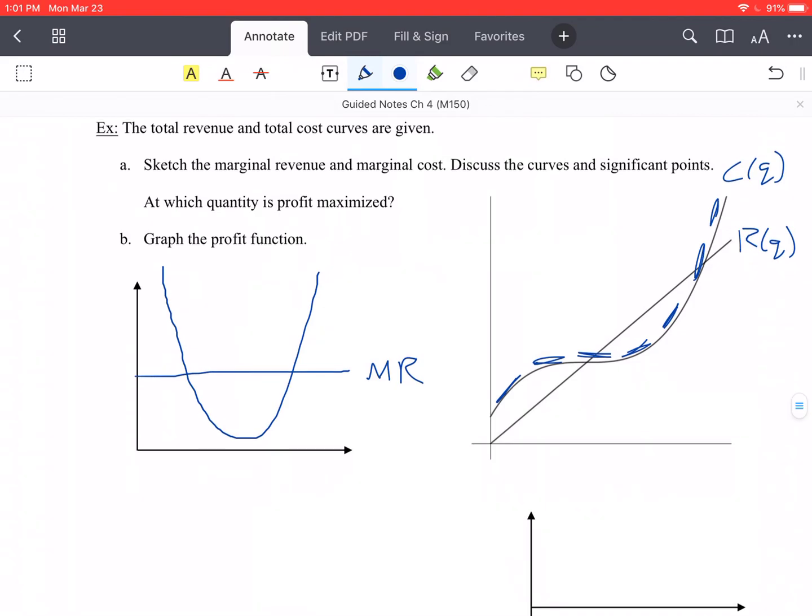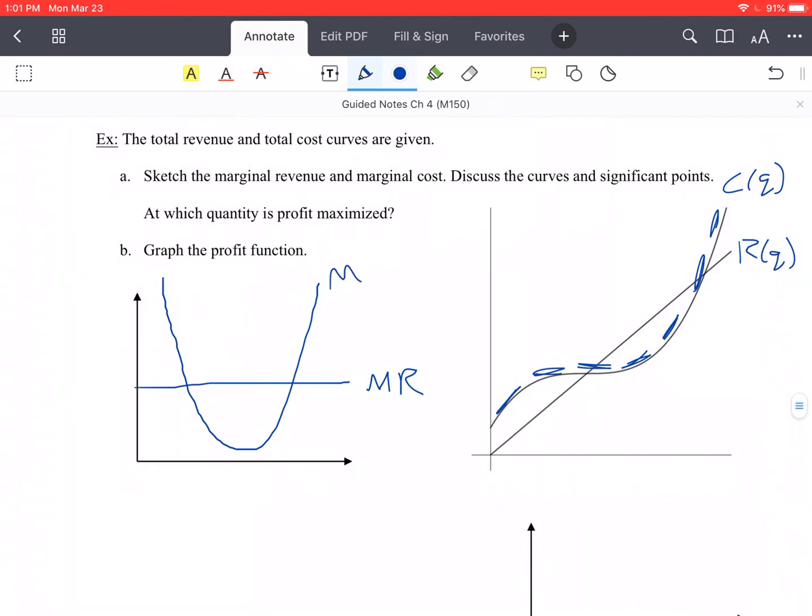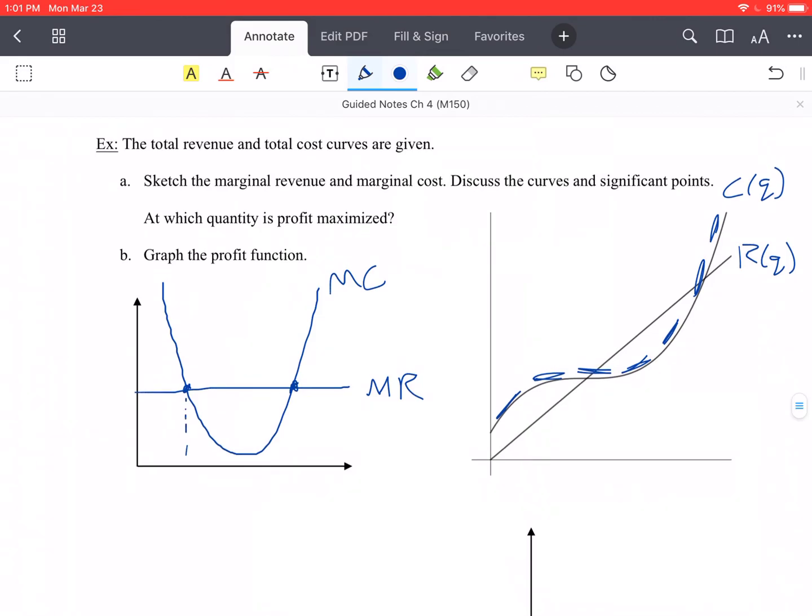And this would be our graph for marginal cost. And our points of interest here are going to be these points of intersection of the two graphs. So I'm going to call those Q1 and Q2.